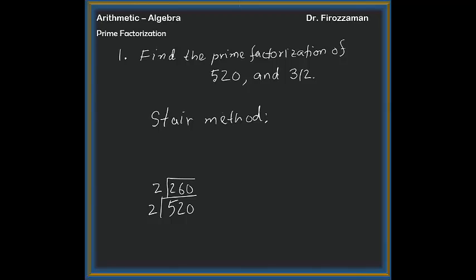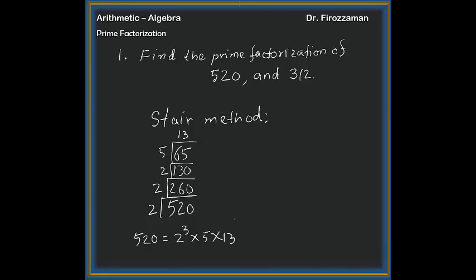Divided by 2 again, you get 130. Divide by 2 again, so again you get 65. Then divide by 5, you get 13. So then we can say 520 is 2 to the 3, times 5, times 13.